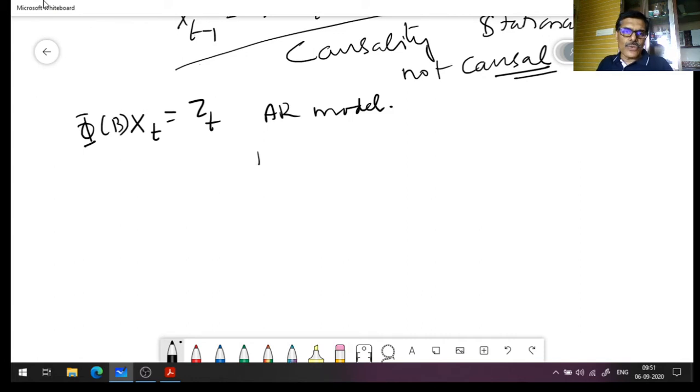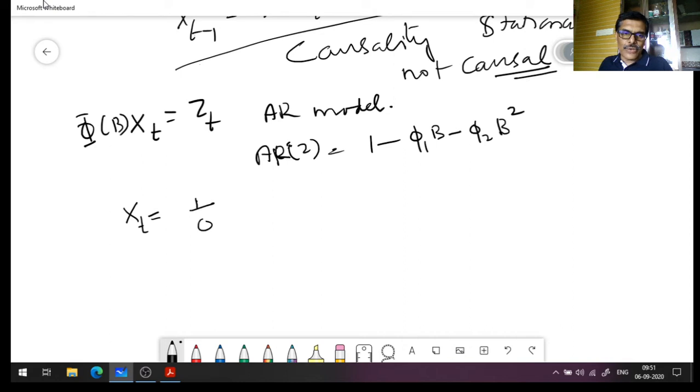Now, if it is AR2, this is going to be 1 minus phi1 B minus phi2 B square. If it is ARp, and so on. So what we are trying to do is write xt in this form. I'm writing a notation, okay? There is nothing like 1 upon phi B. This is just a notation.